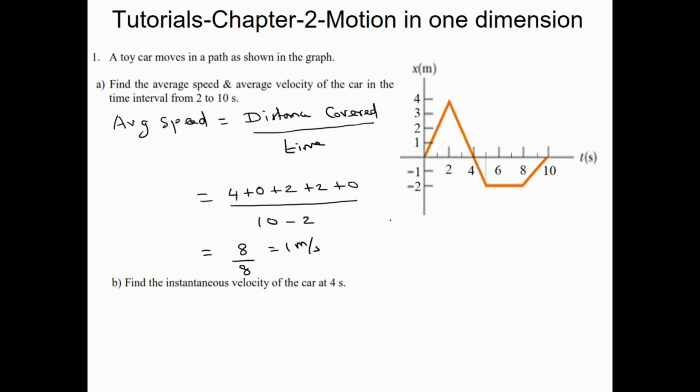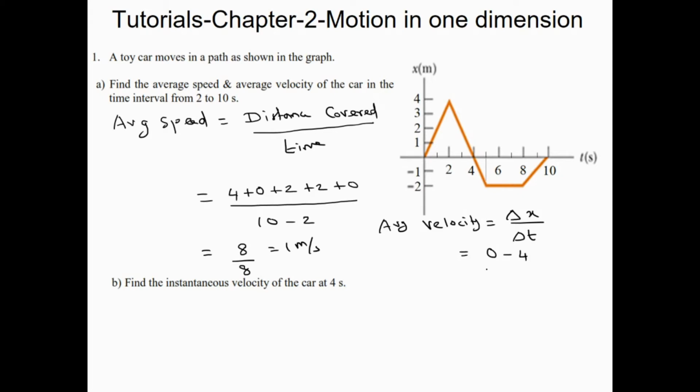And we know the formula for the average velocity also. So average velocity is equal to the displacement over the change in time. And we know the formula for the displacement: final position minus initial position. So the final position here is 0 and the initial position is 4.